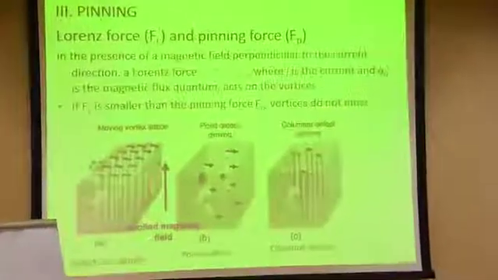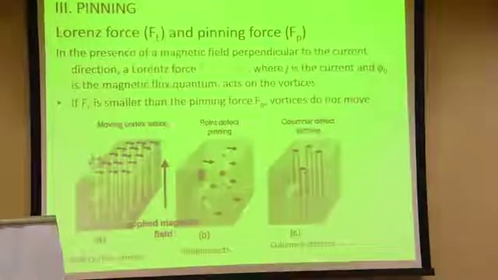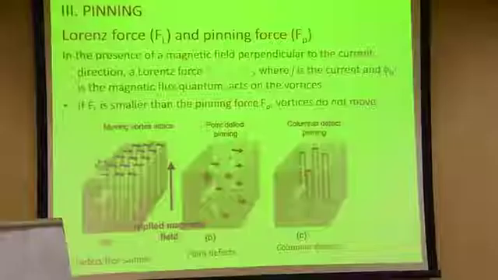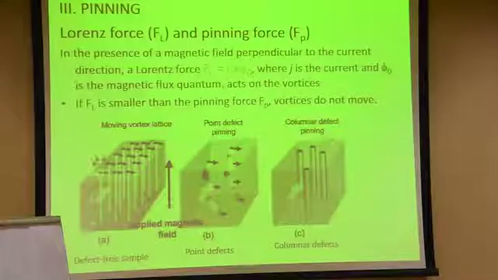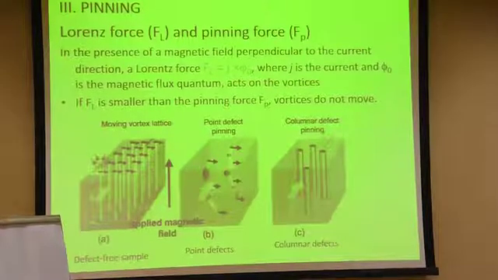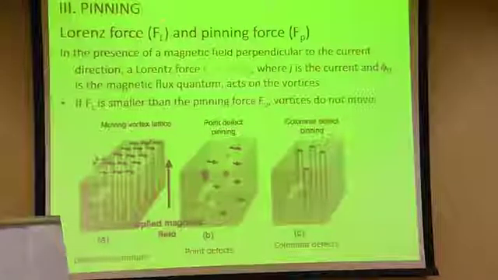Okay, so we have seen what vortices are, what the vortex liquid phase is, and what the vortex solid phase is. The problem is, how can you use superconductors in such a way that we will not have dissipation? You know, if you apply a magnetic field and you have a current, you will have a Lorentz force.